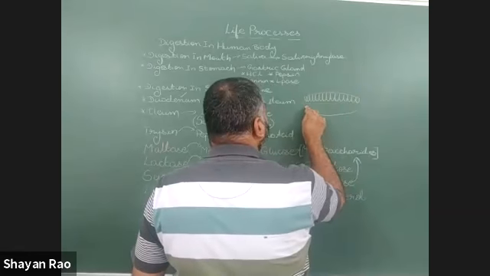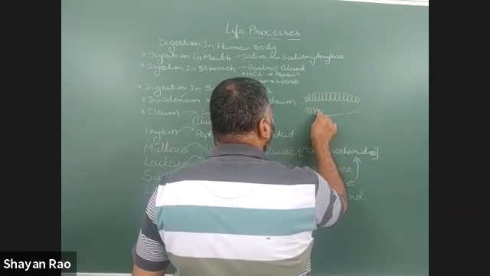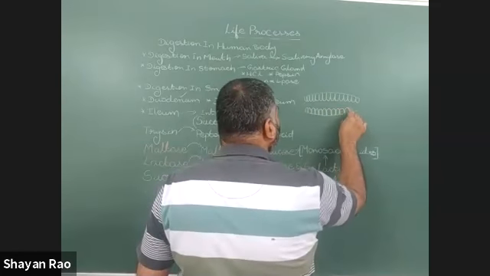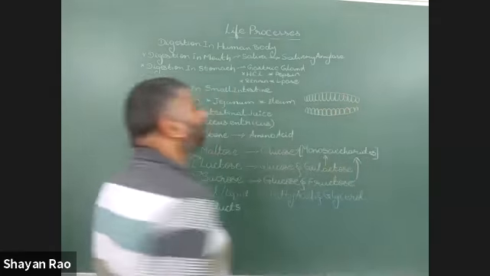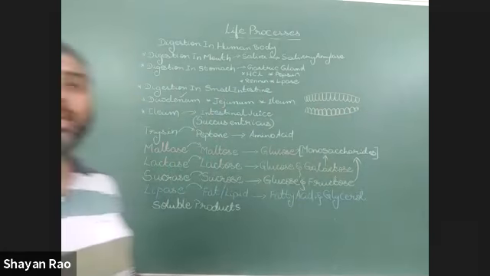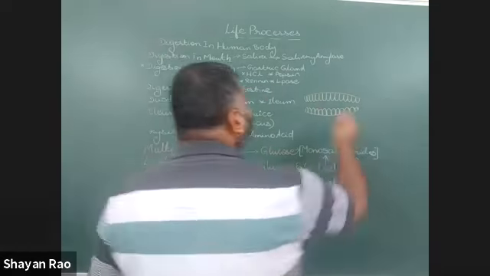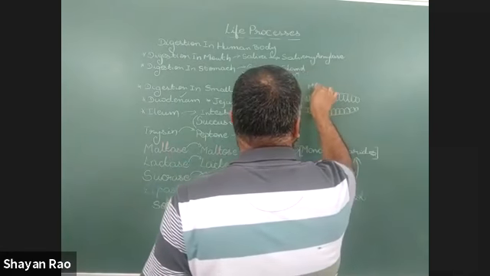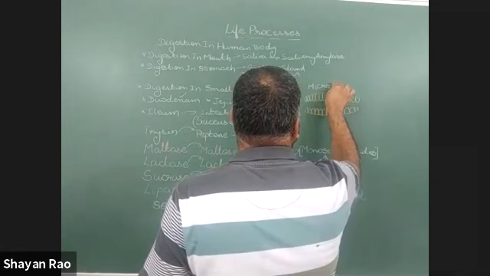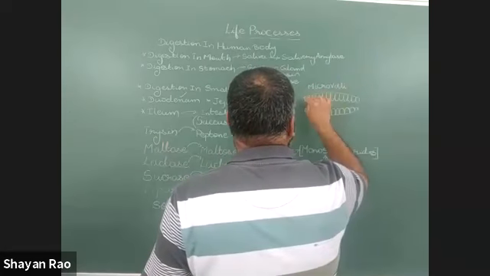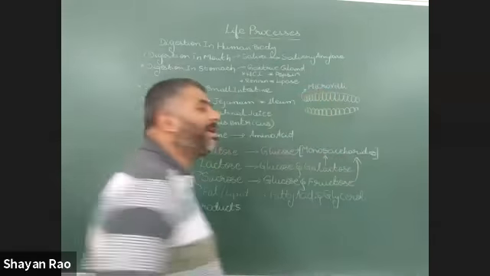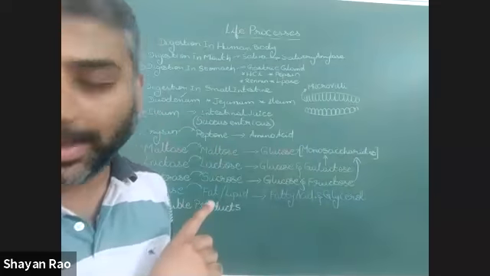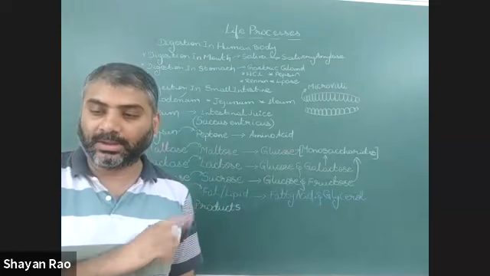Same way here also, columnar epithelium cells. These projections we call microvilli. All these are considered to be microvilli. Hope everybody can see what I have written on the board, right? Hello?